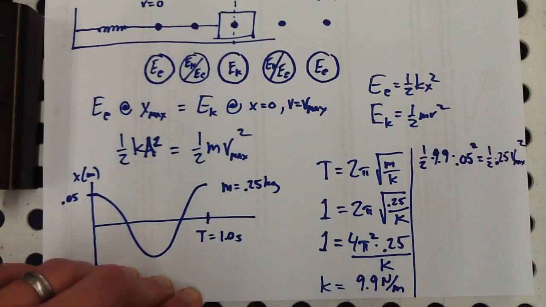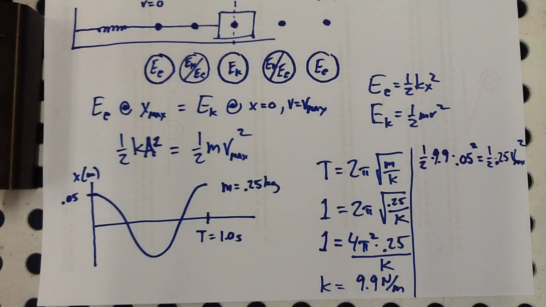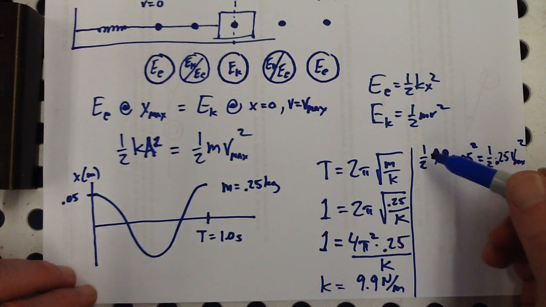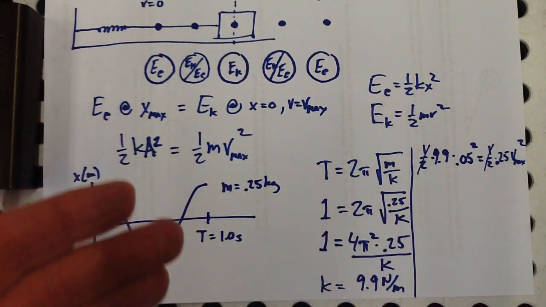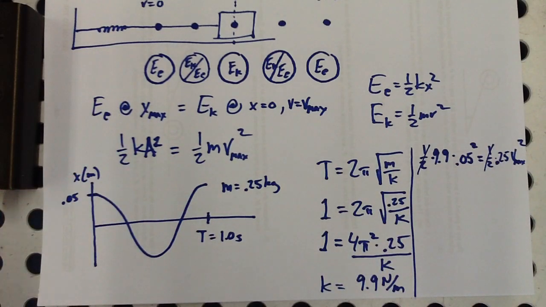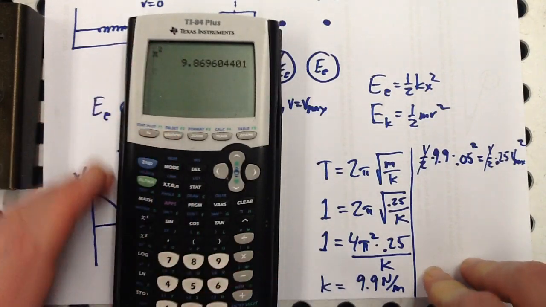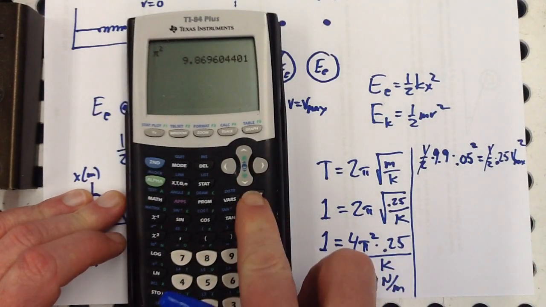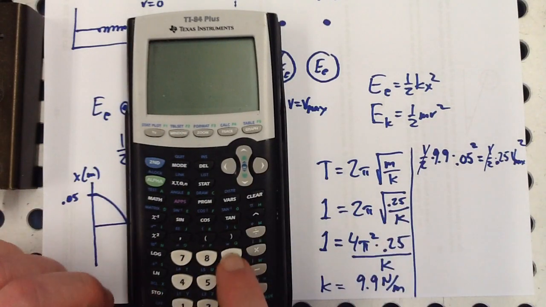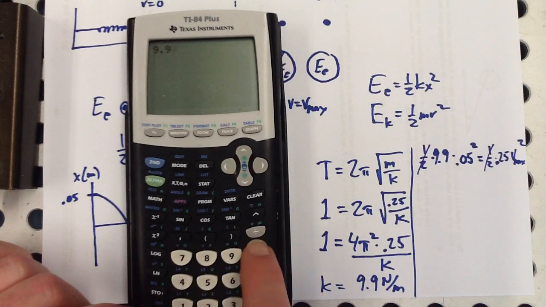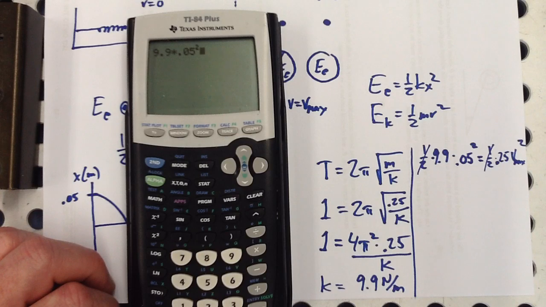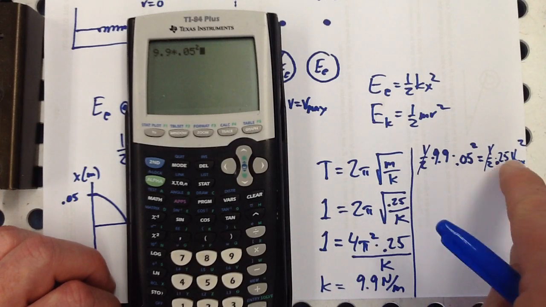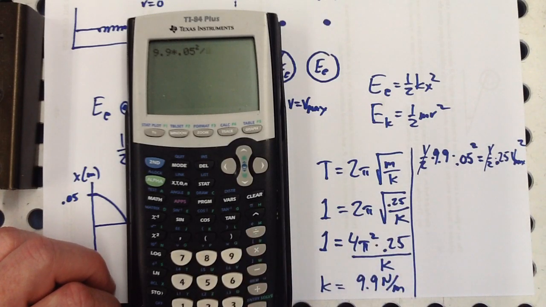And that's what I'm going to try to find. Okay, so I just have to do a little bit of math here. The 1/2s cancel out. I can just multiply both sides by 2 or divide by 1/2, however you think about that. So now I've got 9.9 times 0.05 squared, and then I'm going to divide by 0.25.